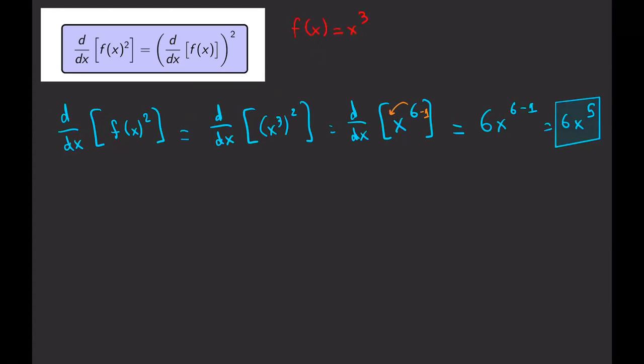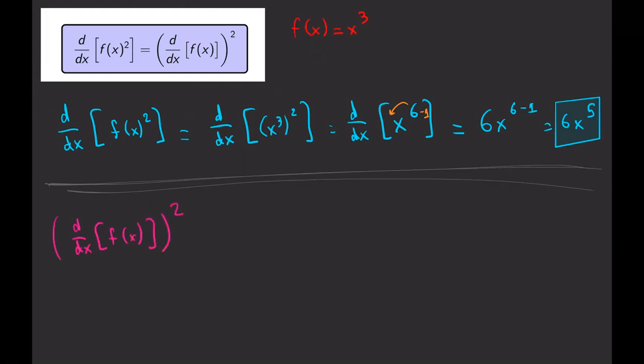So if we want this to be true, or if we think that this is true, we better hope that we get 6x to the 5th when I evaluate the right-hand side. And let's go ahead and do that. So I'll evaluate that right-hand side, and we'll see what we get. So d dx of f of x, and then I'm going to square it. So here I'm taking a derivative first, and then I'm squaring it.